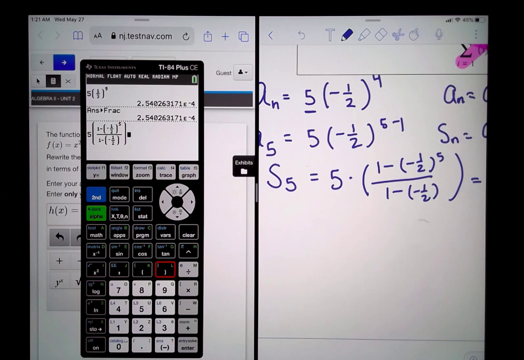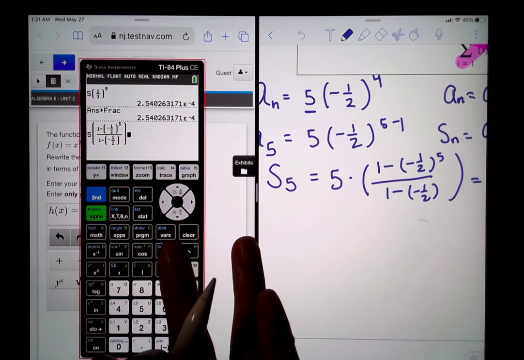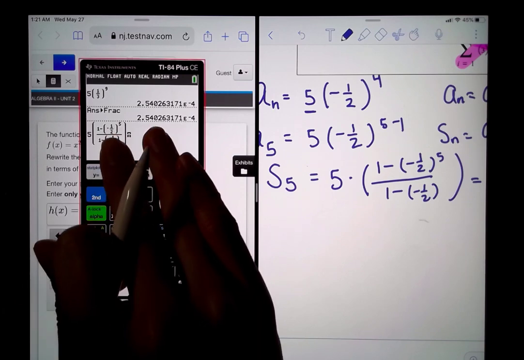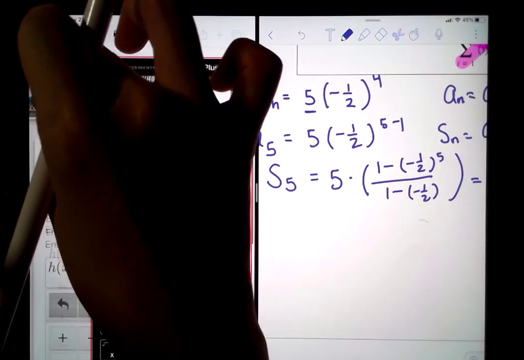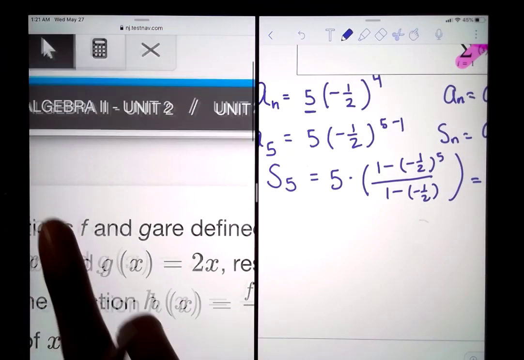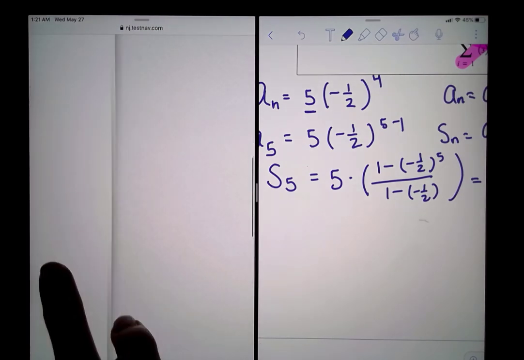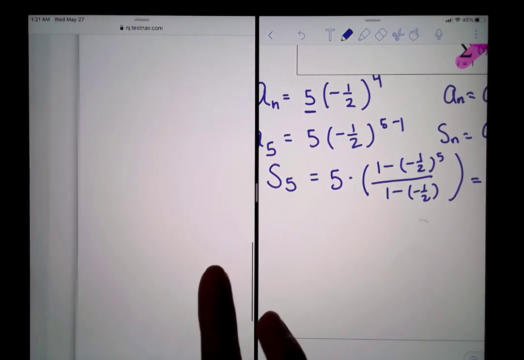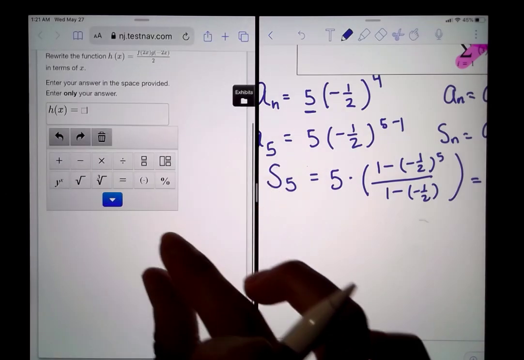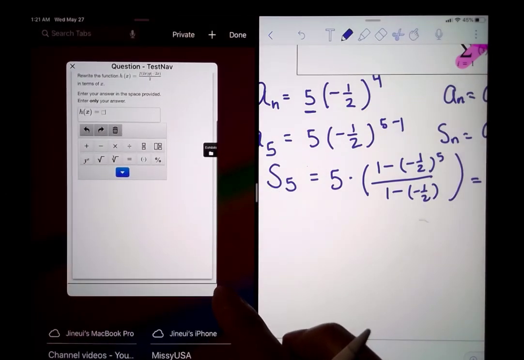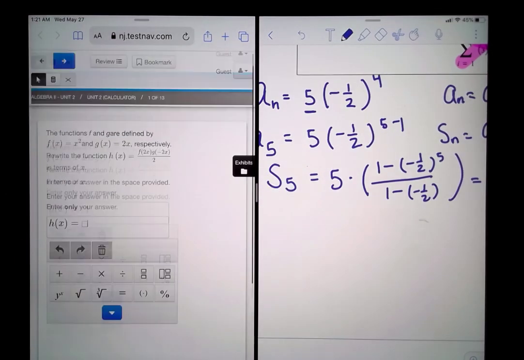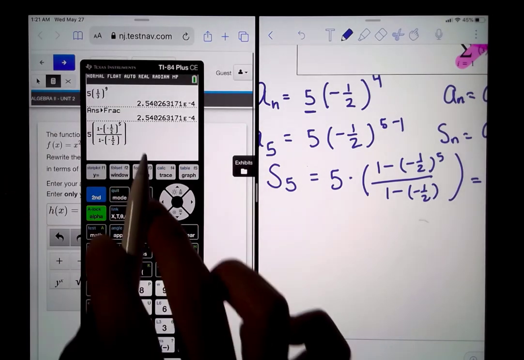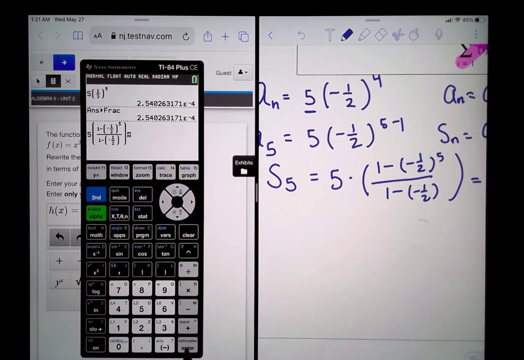You're typing exactly the same way. I don't know if I can enlarge this or not. Oh, where did the calculator go? Oh man, it disappeared. Okay, like this, and then I'm going to press enter.